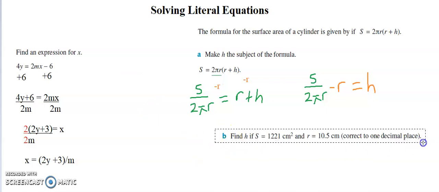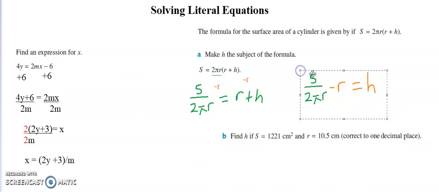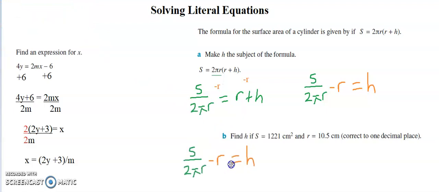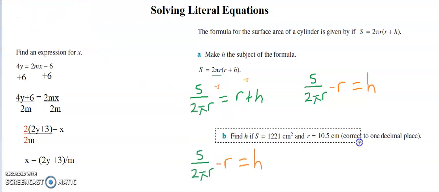Now I've got h as the subject, I can look at my last question. It says find h if s is 1221. That means I'm going to grab that and put it in where s is.